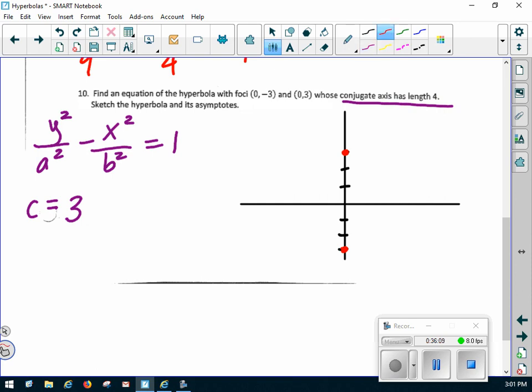By the way, where's the center? How do you know the center is at the origin? Good. Midpoint between the foci. So if the conjugate axis has length 4, what's B? 2. Good.